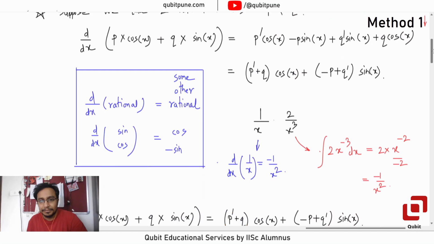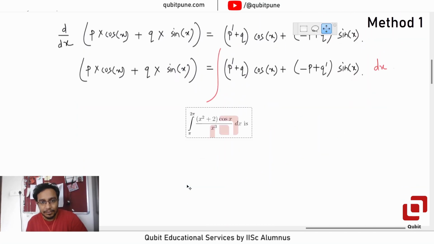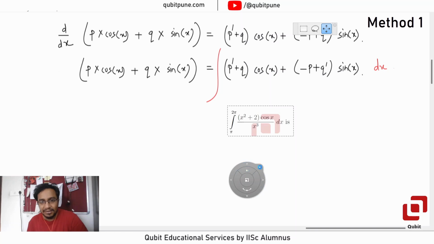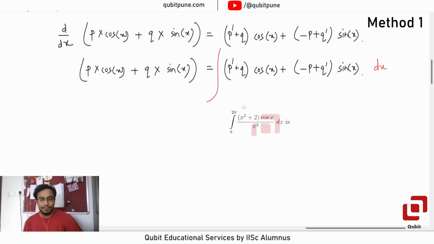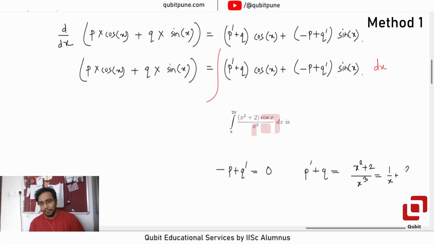Look here. We essentially want this, and because sin x is absent, we must say that negative p plus q dash equals 0, and p dash plus q equals 1 upon x plus 2 by x cubed.